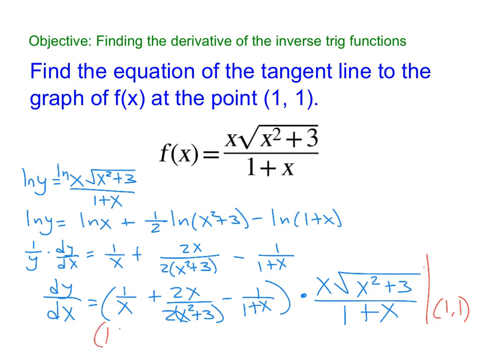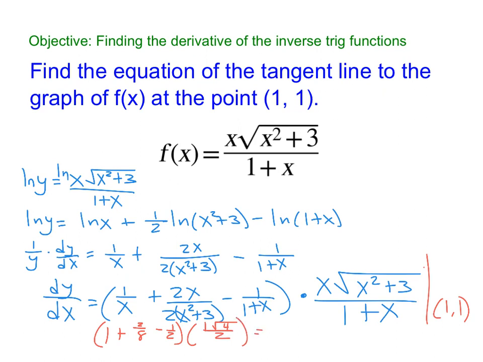All right, so we get 1 plus 2 over, if I plug in 1, I get 2 times 4, 8, minus 1/2, times, now I'm plugging in 1, the square root of 4 over 2. Not that bad. All right, let's see.